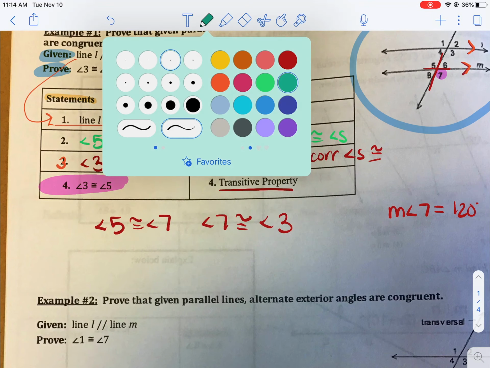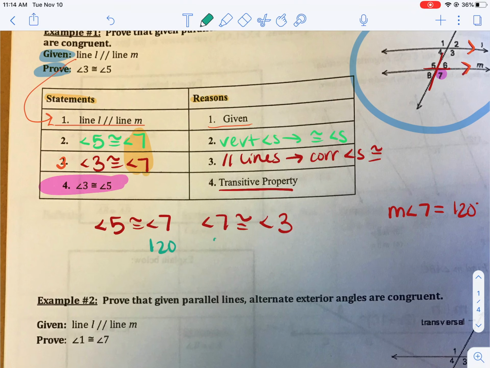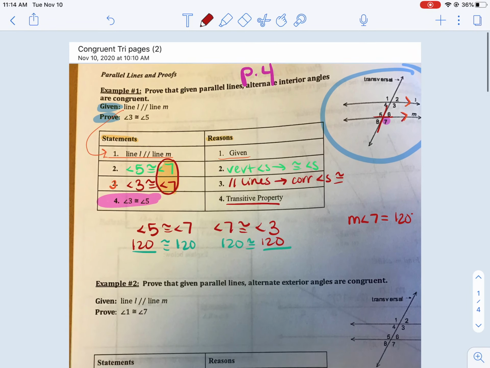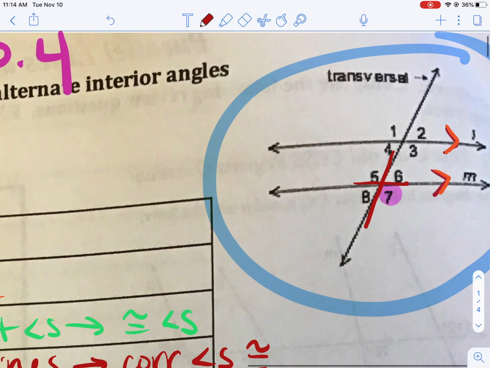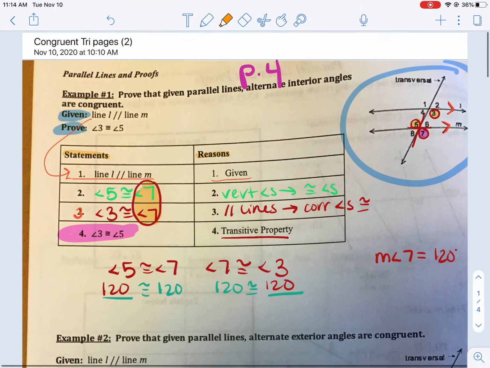Well, let's plug this in. If this is 120 and this is 120, what does that mean about 5 and about 3? Well, those angles also have to be 120, okay? So, since we know that angle 7 is congruent to both, let me go back to the picture. Since 7 is congruent to 3 and 7 is congruent to 5, it means that 3 and 5 have to be congruent to each other.